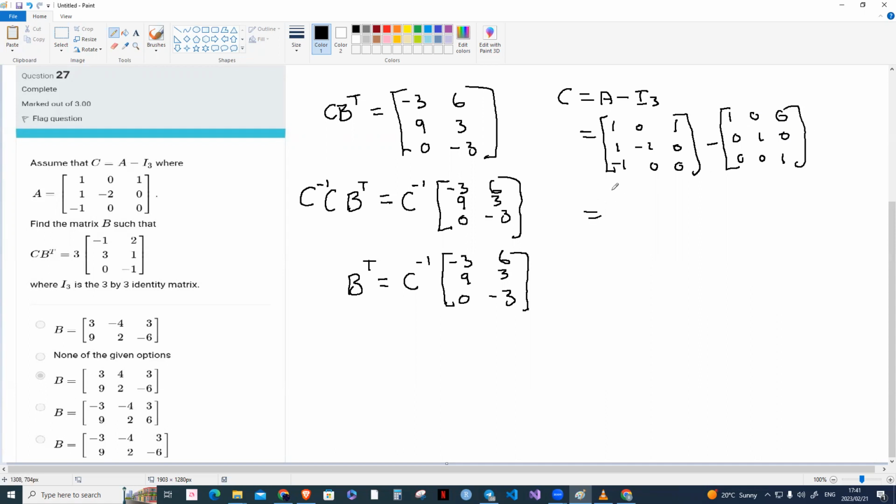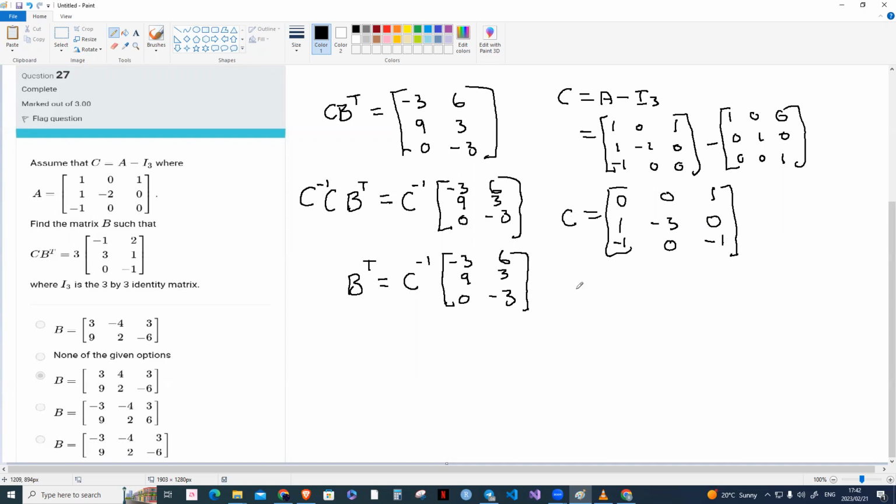That means our answer here would be 1 minus 1, that's 0, 0 minus 0 is 0, 1 minus 0 is 1, 1 minus 0 is 1, minus 2 minus 1, that's minus 3, 0 minus 0 is 0, minus 1 minus 0 is minus 1, 0 minus 0, 0, 0 minus 1, it's a minus 1, right?